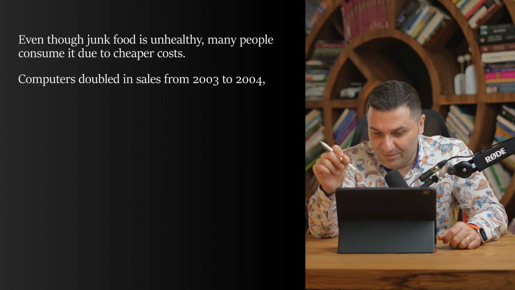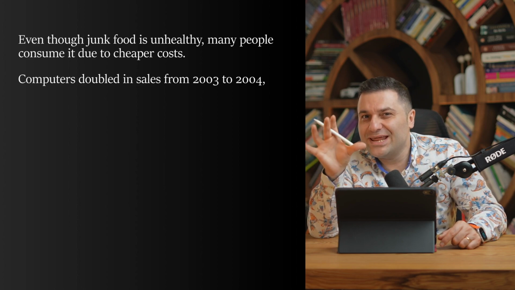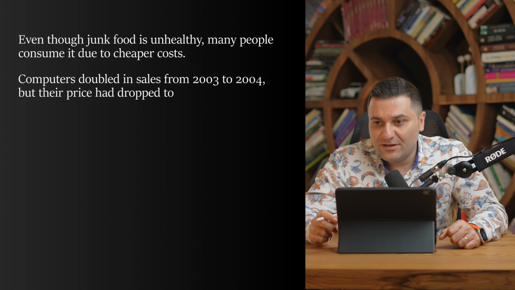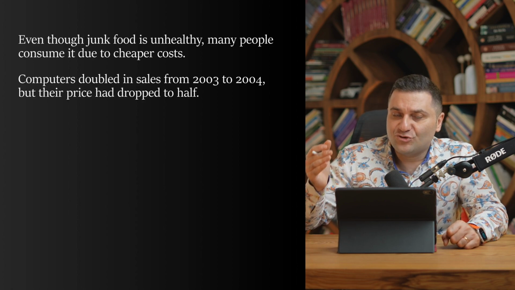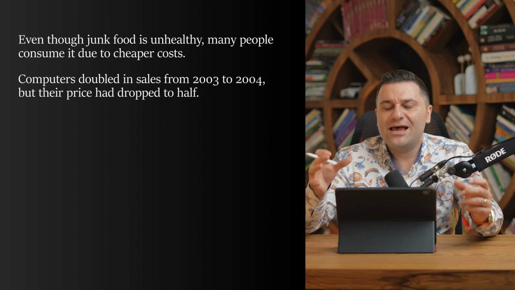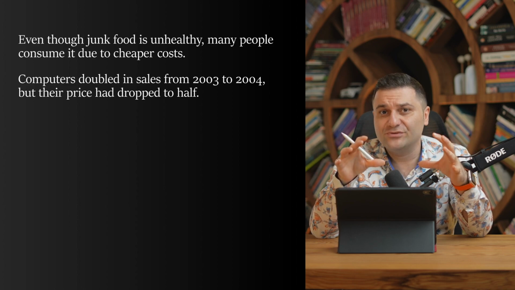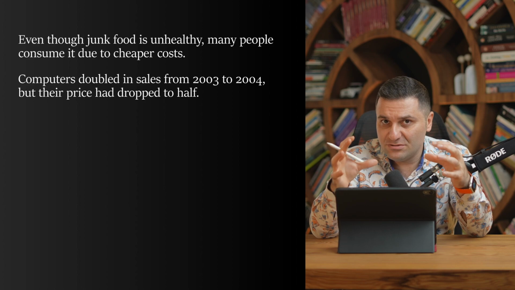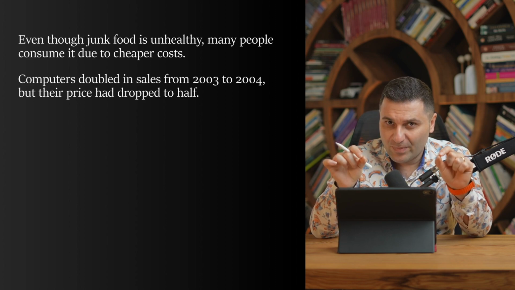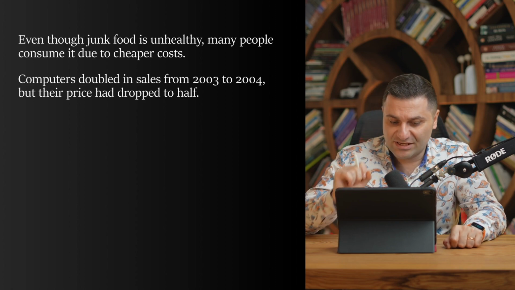Then we use a comma, but this "but" is our coordinating conjunction. Their price had dropped to half is another independent clause. So before the coordinating conjunction, we use a comma. This is our second rule.